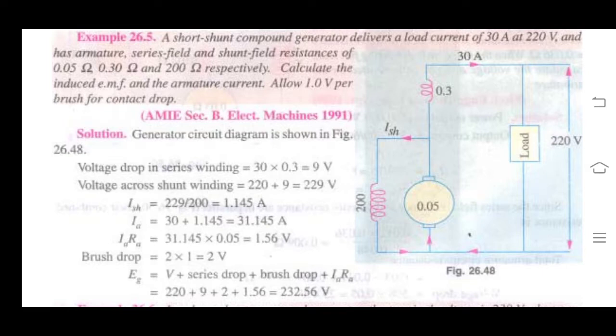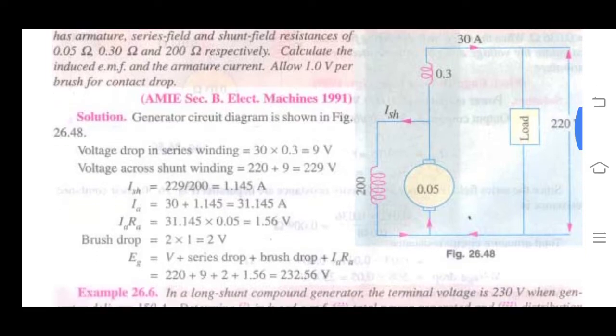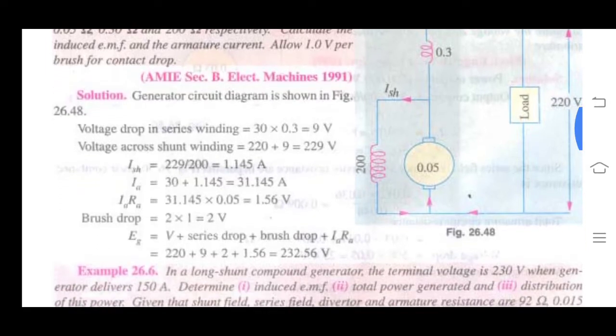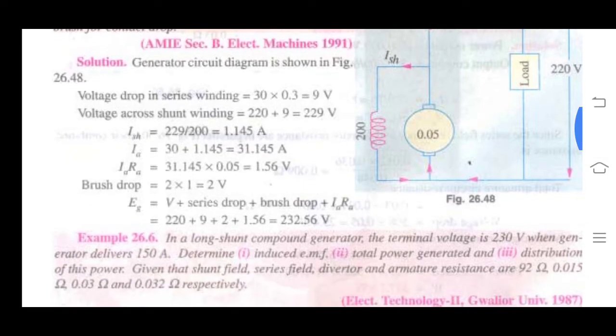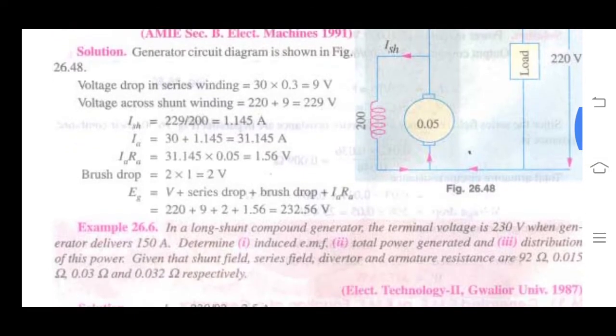Calculate the induced EMF and armature current. Allow 1 volt per brush for conductor drop. The generator circuit diagram is shown in the figure.